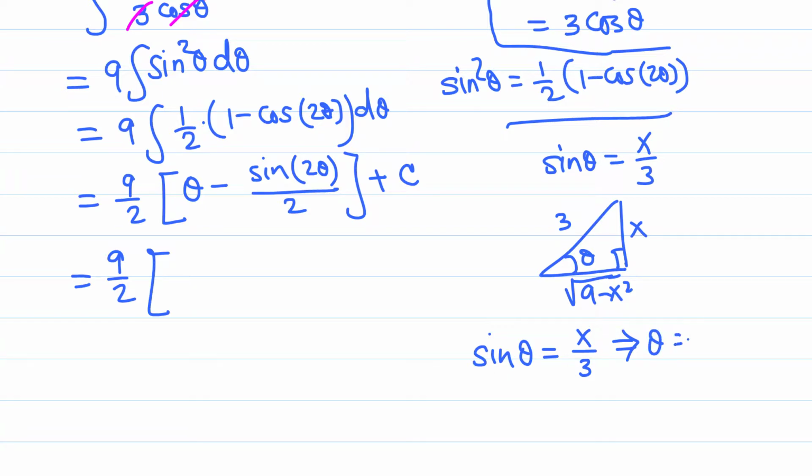So theta equals sine inverse of x over 3. We take sine inverse of both sides, and by definition of sine inverse, when we have sine theta equals x over 3, theta will be simply sine inverse of x over 3 minus sine of 2 theta.